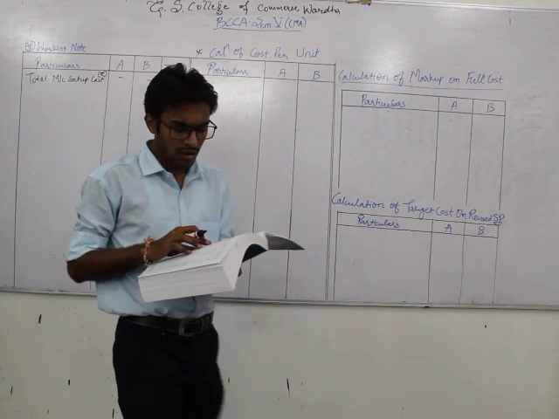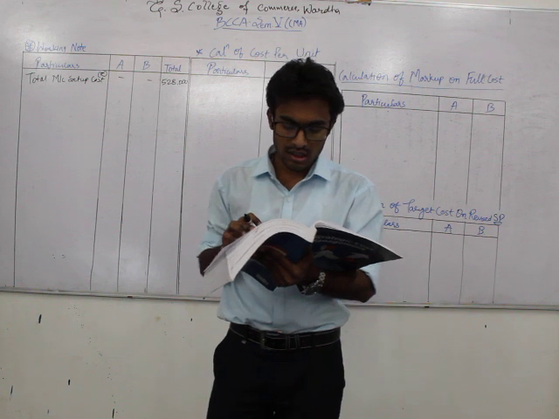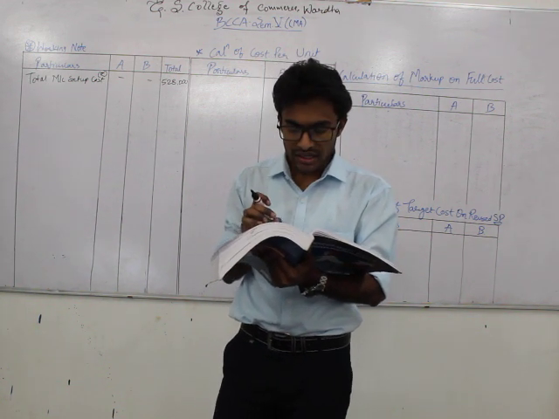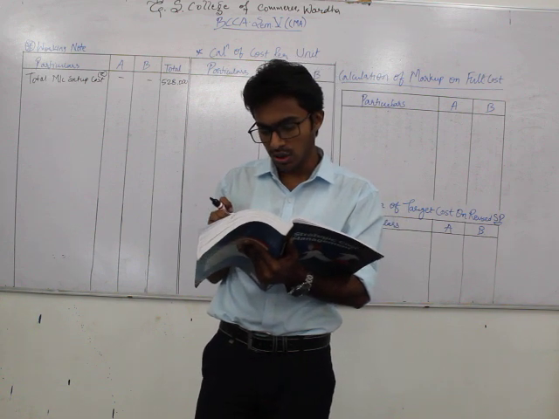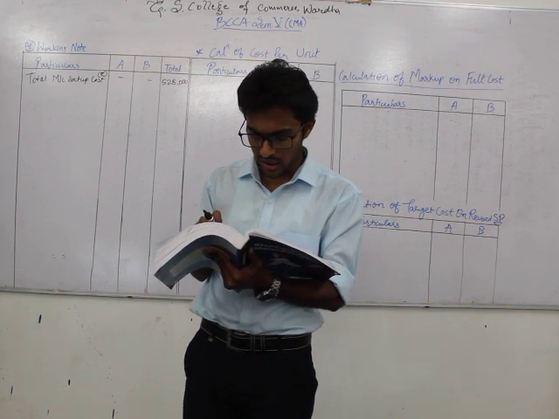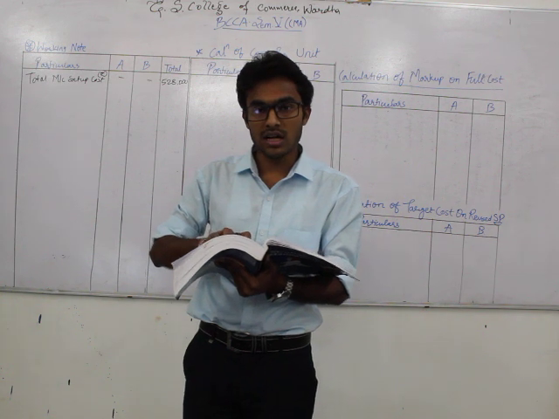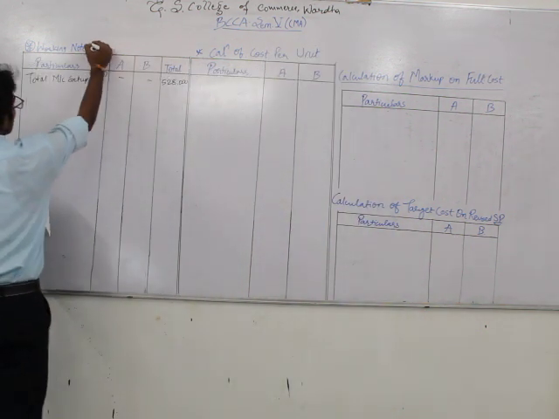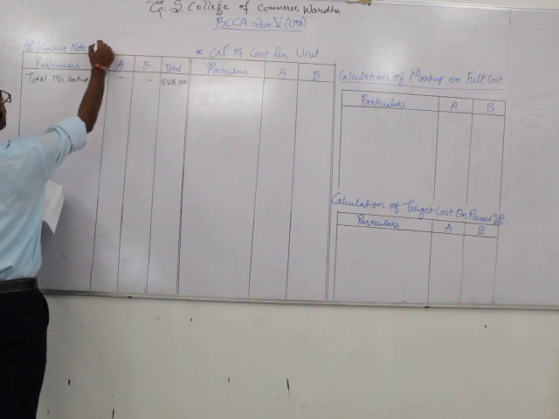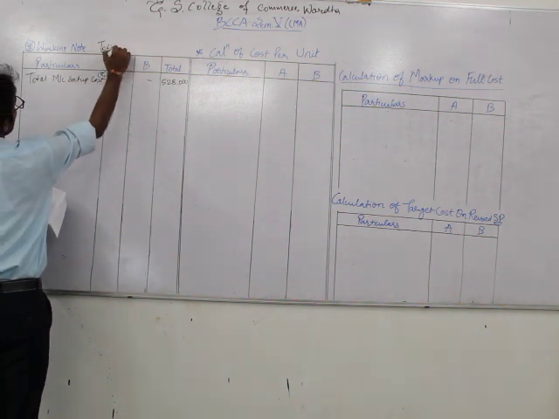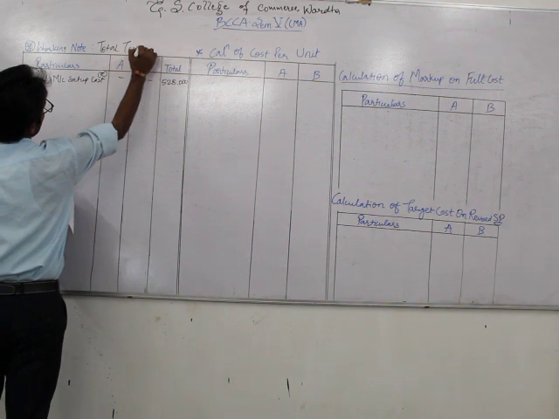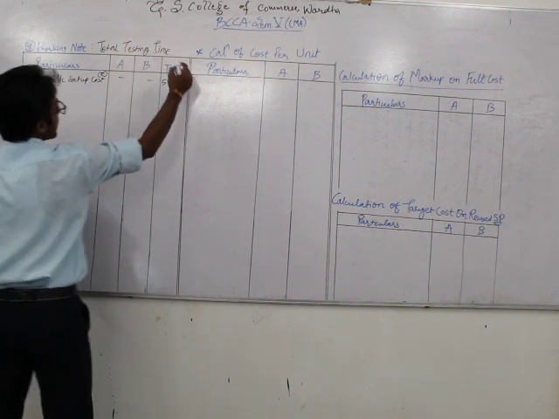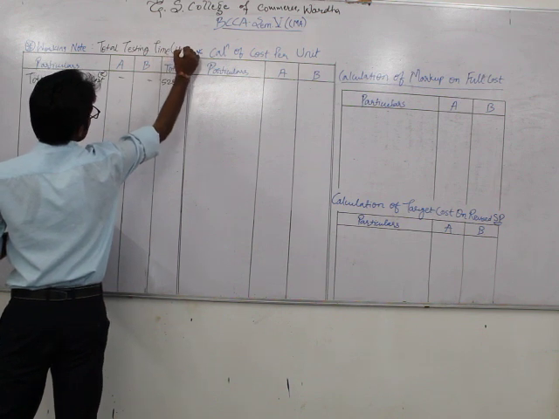Now to get total testing cost and testing cost per unit, you will require the total testing time. So this is the calculation to get total testing time. Time will be in hours.